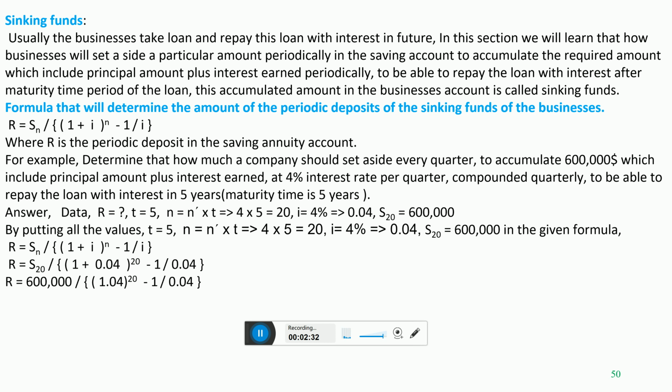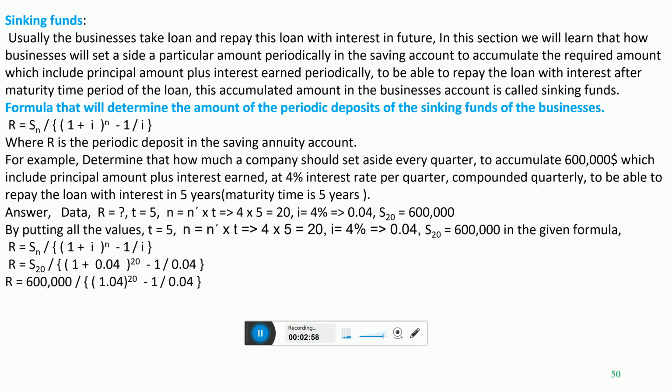This is easy. Sinking fund means the accumulated amount in the future in the company saving account. Why does the company accumulate? Because the company takes a loan presently, and in the future the company has to repay this loan with interest. So that is why the company is accumulating an amount in the saving account to be able to repay the loan with interest.